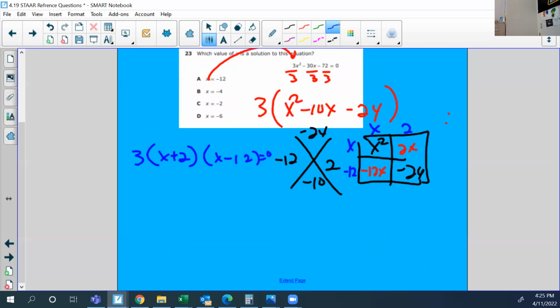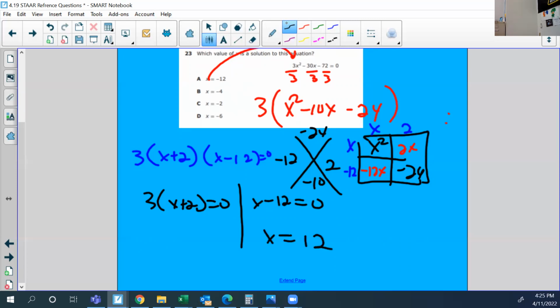Now I'm going to have two equations because I want to solve for x: x plus 2 equal to 0, and x minus 12 is equal to 0. So x is equal to 12.